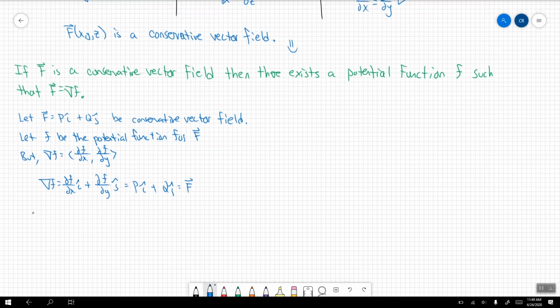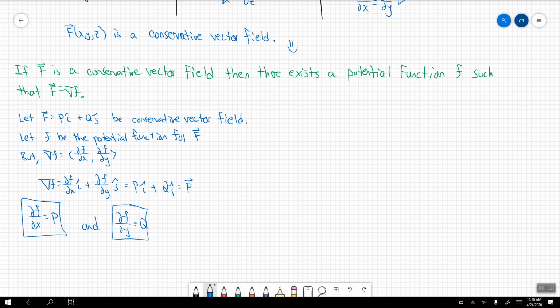Component-wise, the partial of that potential function with respect to x must be equal to my function P. And the partial derivative of my function with respect to y must be equal to the y component of my conservative vector field.